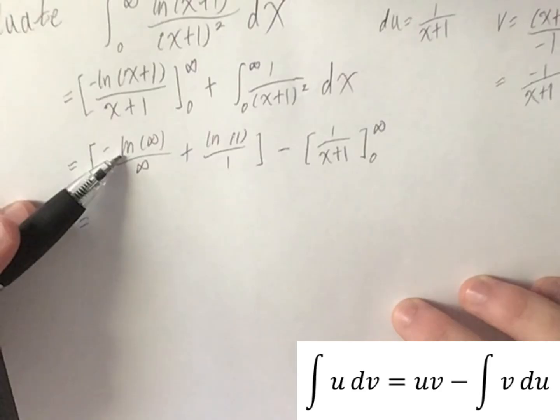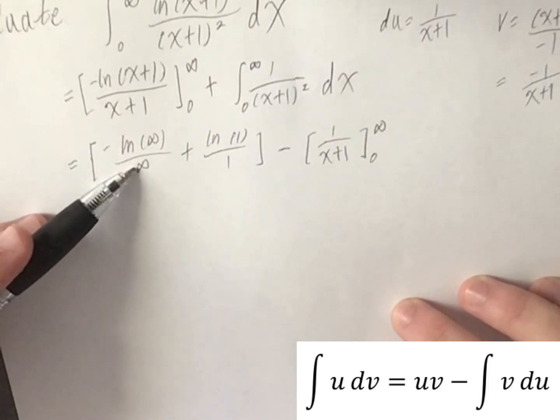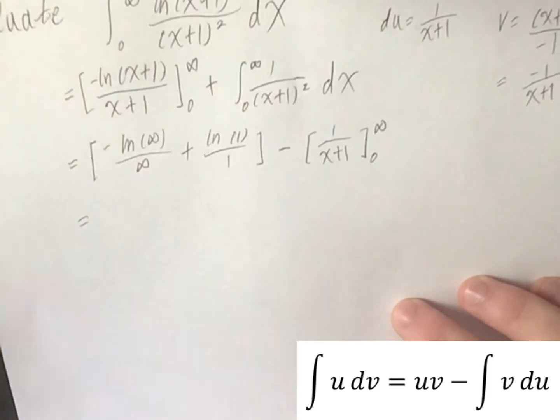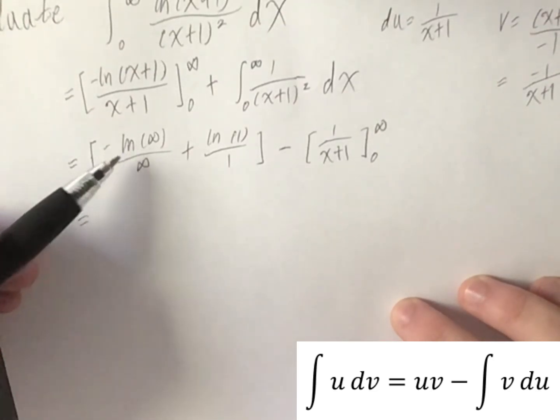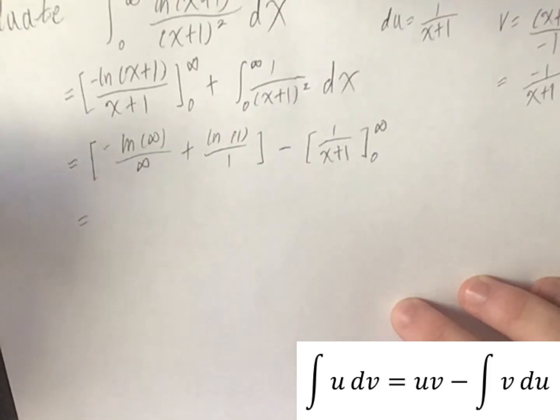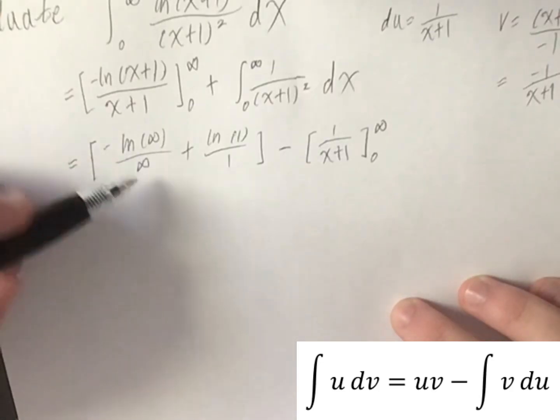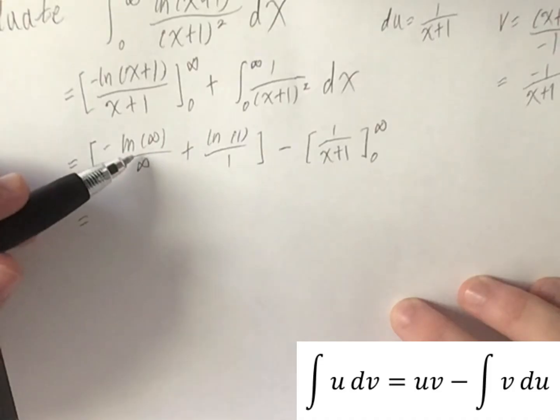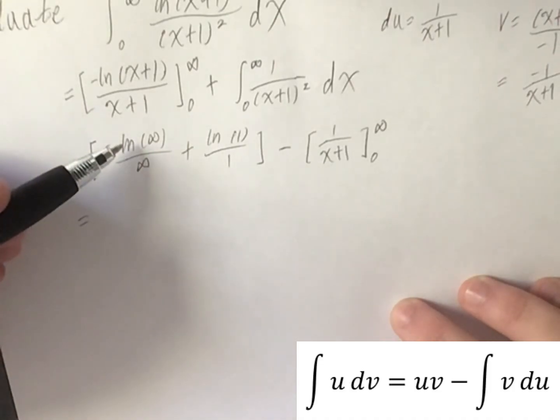You may be wondering, how should I do this? Because ln of infinity is infinity, and infinity divided by infinity, how should I do this? But you can see, because this infinity has a natural log in front of it, it grows very slowly, and this one is linear, so the bottom is very large compared to the top.